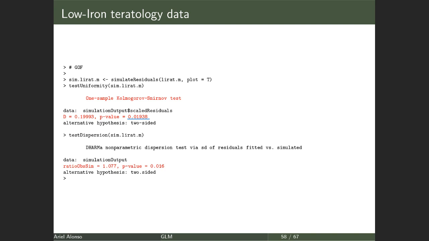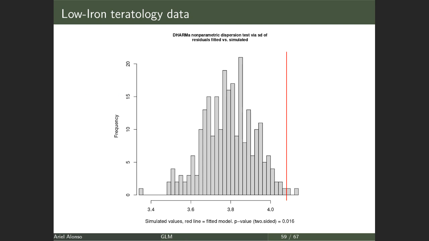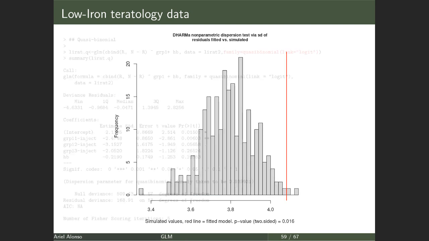When you also test for dispersion, you get a highly significant p-value. So we have overdispersion in this model. This is the observed value for the Pearson residual, and this is what you would get with the simulated data. It is clear that we have a problem with this model.